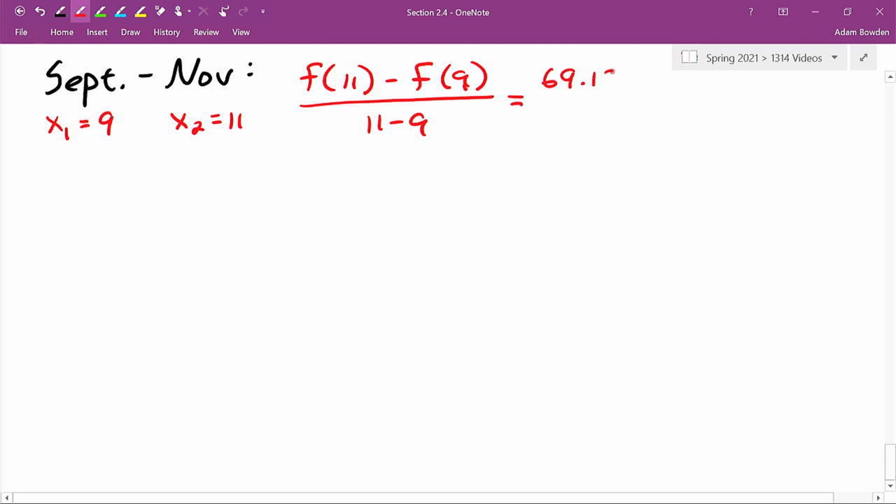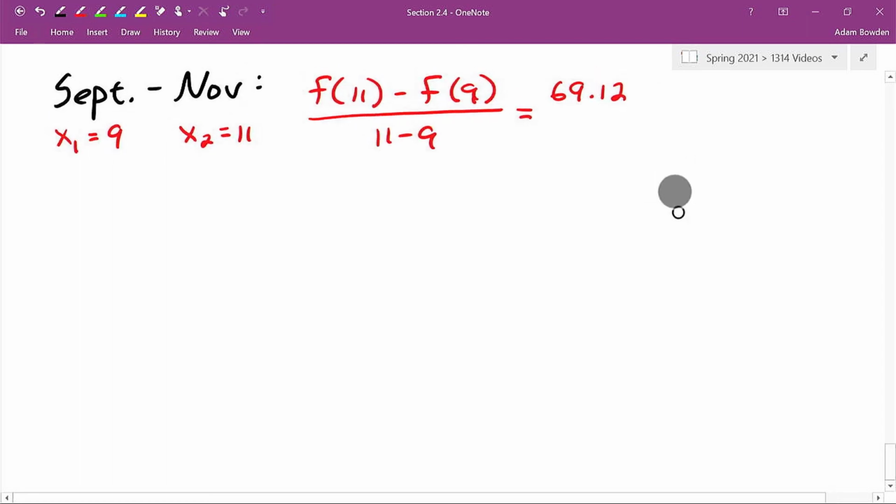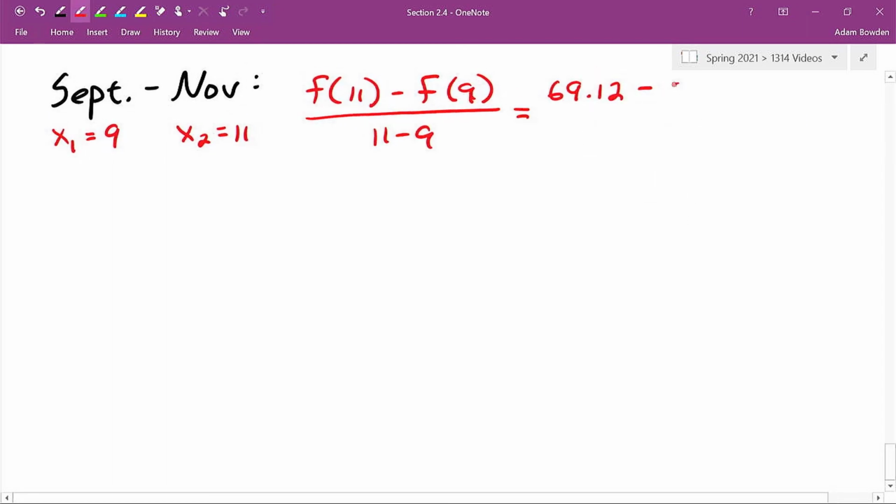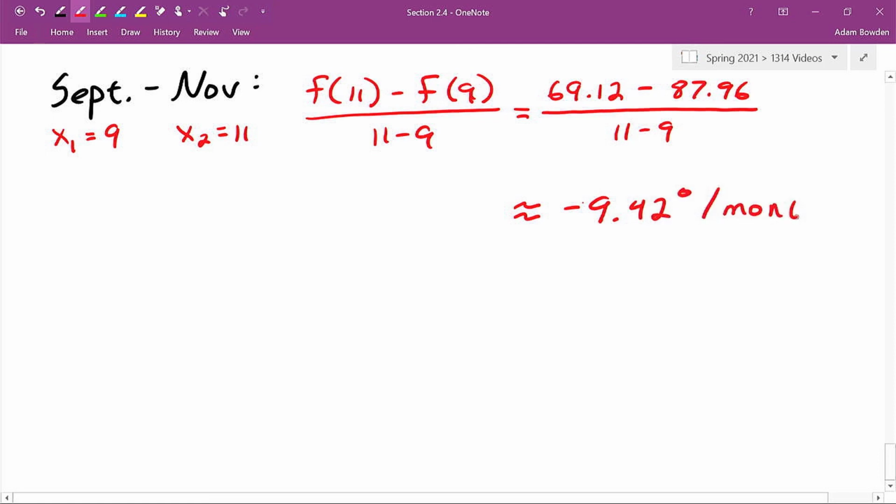For f of 11, I got 69.12. For f of 9, I came out with 87.96. So that's divided by 11 minus 9. When I ran the numbers on that, it came out to be rounded off to negative 9.42 degrees per month.